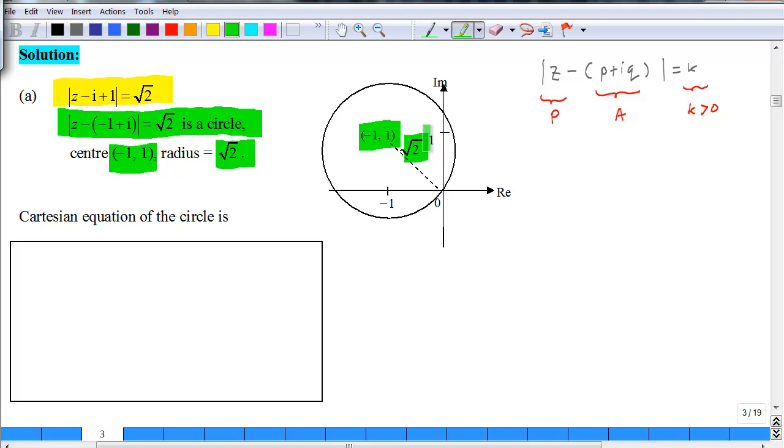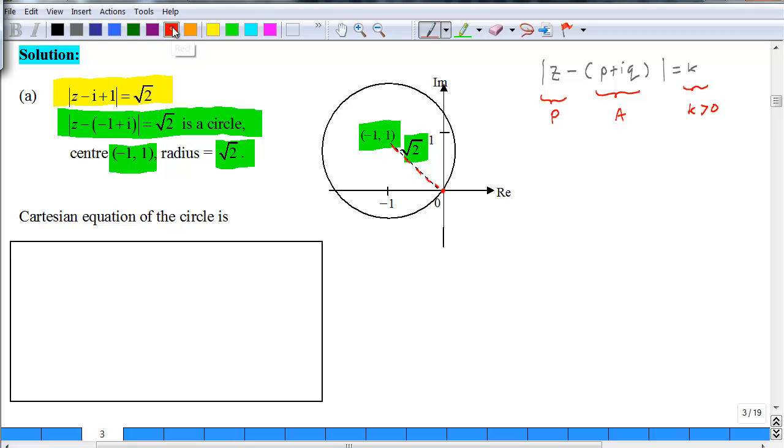In this particular example, you notice that the circle actually passes through the origin, and to check this is quite easy. What you need to do is just find the length of the hypotenuse, as you can see here, using your Pythagoras theorem. In this question we are also required to find the equation of the circle in the Cartesian form.